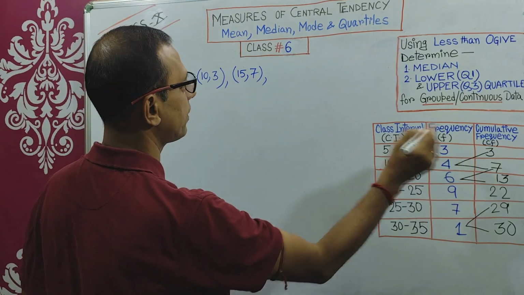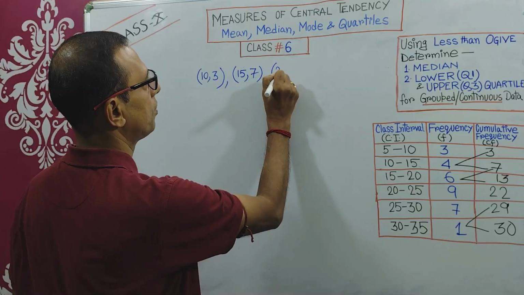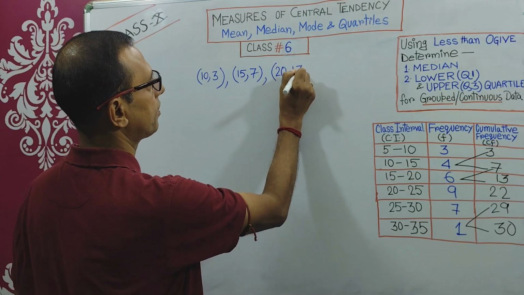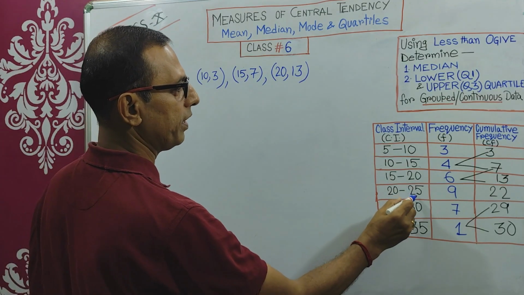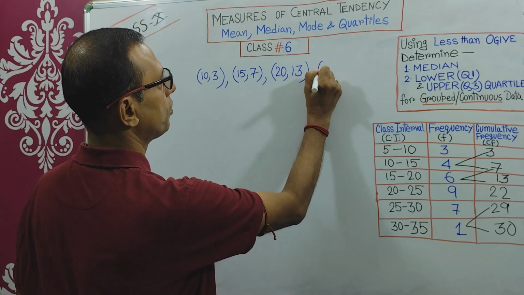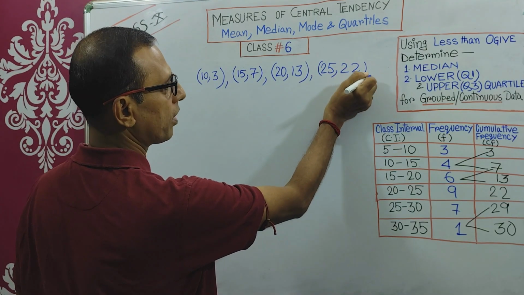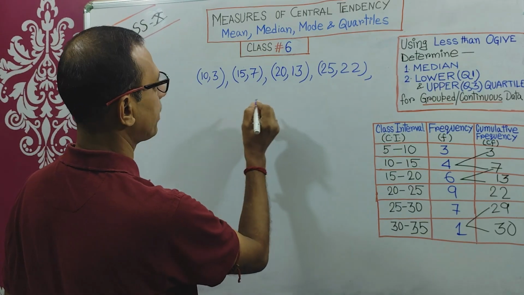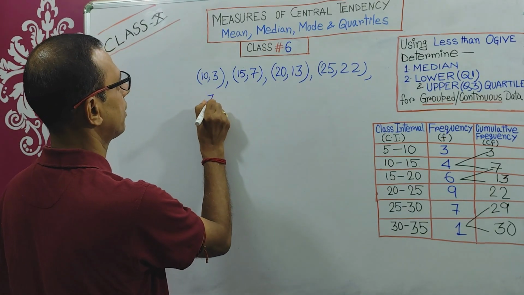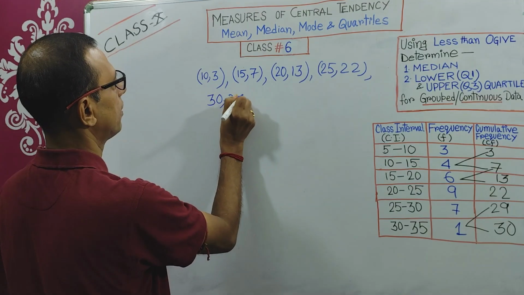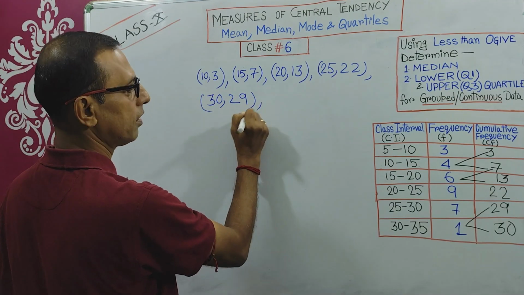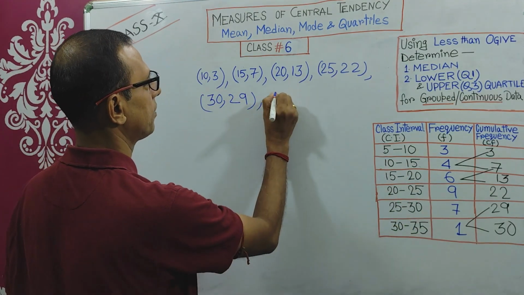Next is 20, 13. 25, 22. And next one will be 30, 29. Last one is 35, 30.